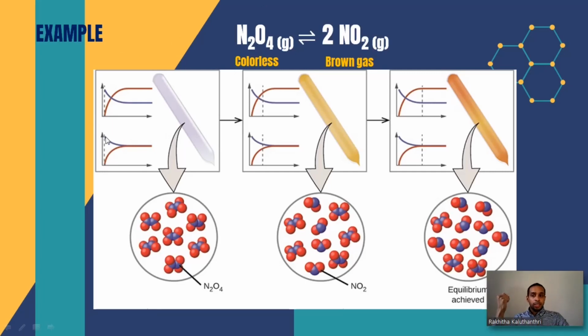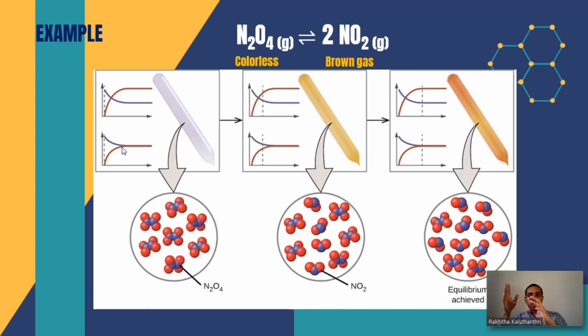So the backward reaction rate keeps increasing, whereas the forward reaction rate keeps decreasing. At one point, the backward reaction rate and the forward reaction rate become equal. They obtain the same value.